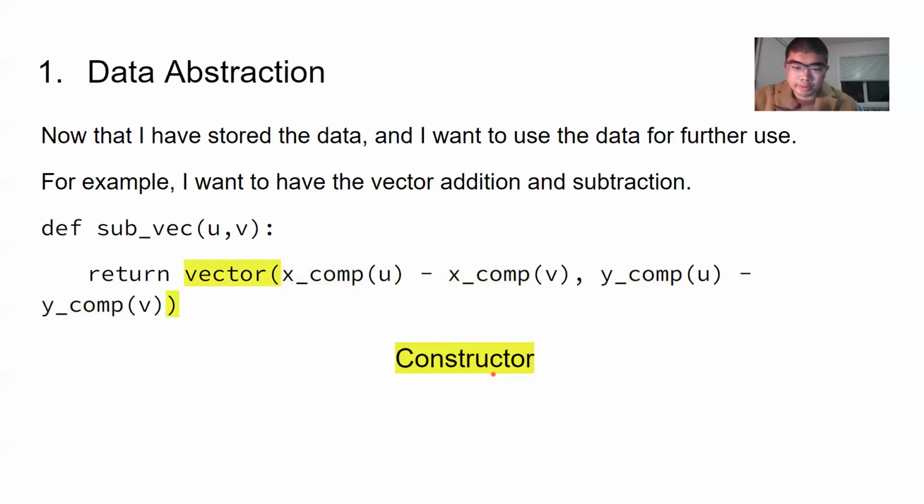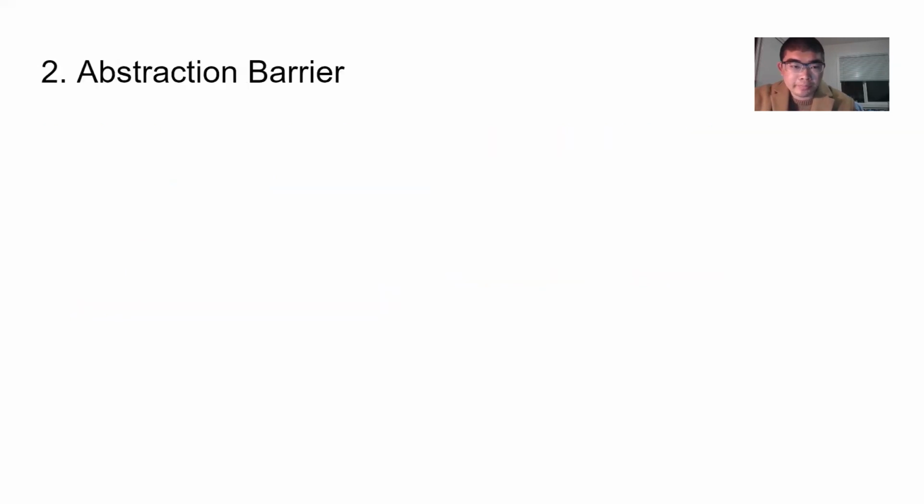So this is constructor and selector. When you want to build data, use a selector to select something from the old data, and then use the constructor to combine them into new data. This is how you use constructor and selector.